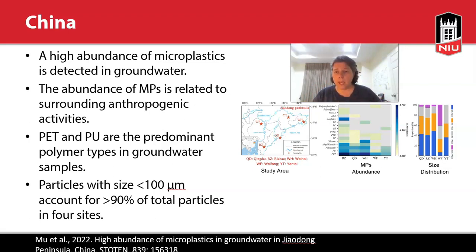They were finding different types of plastics most commonly. Their sizes were less than 100 microns, and 4 of the sites out of the 8 accounted for most of it. And so they could link it to these different types of activities.